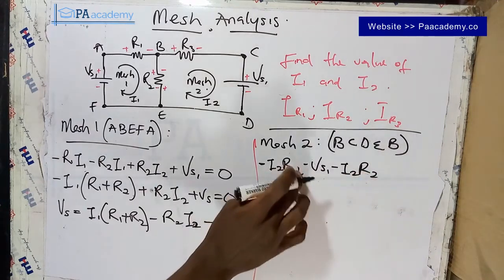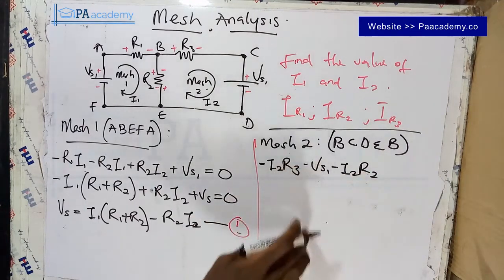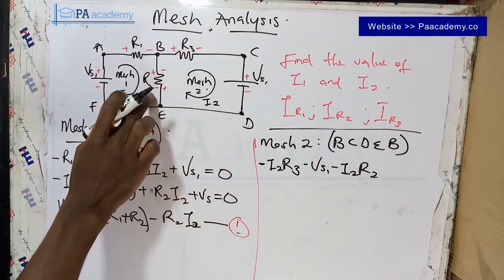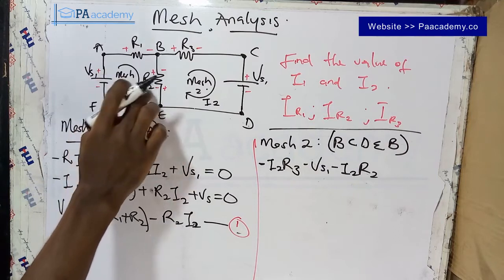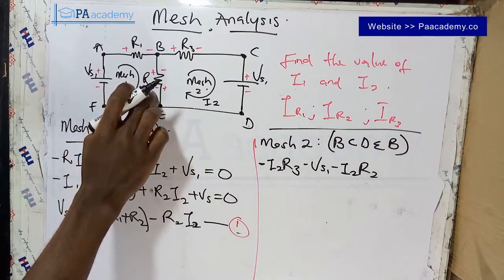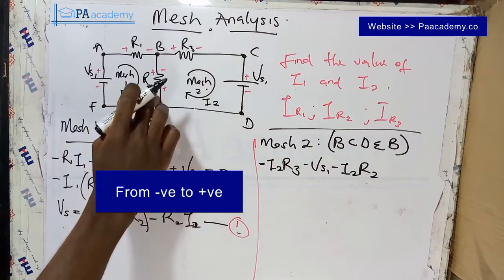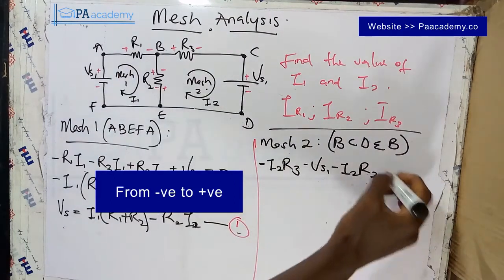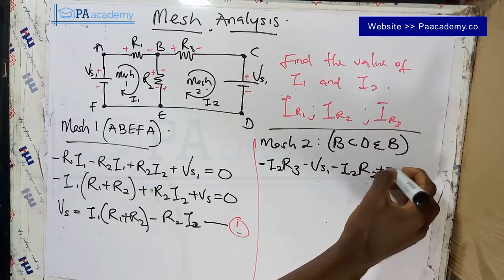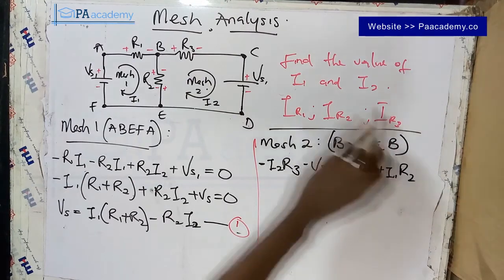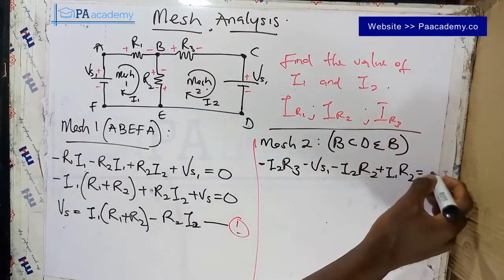Sorry, this is supposed to be R3. Now I1 is also passing through this R2, but in this direction, from plus to minus, we are going to have plus I1 R2 and back to B, all equals to 0.